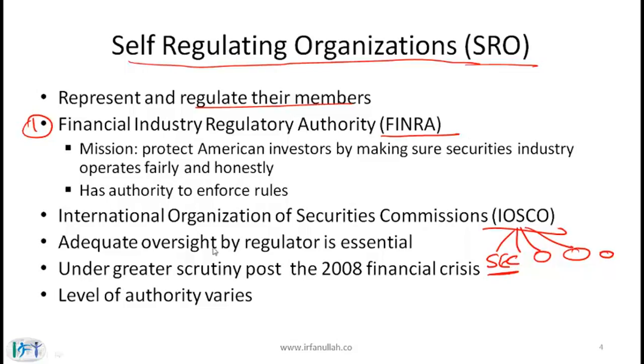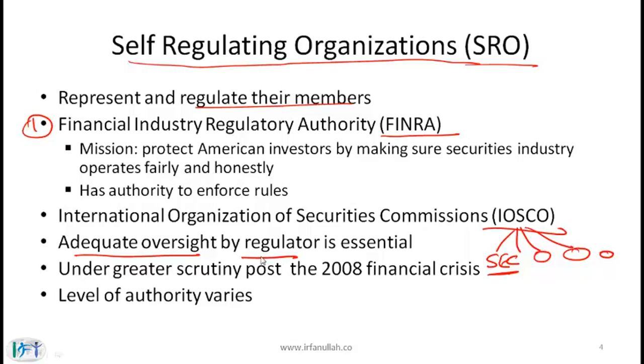In terms of a self-regulating organization, for an SRO to be truly effective and viewed as being a suitable regulator, there needs to be adequate oversight by a government regulator.